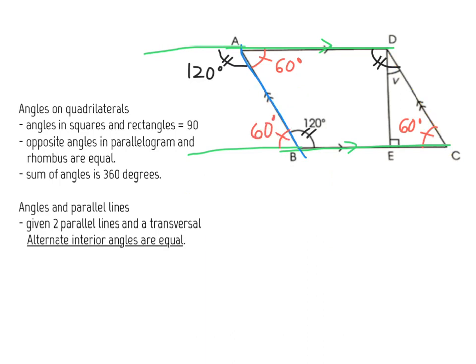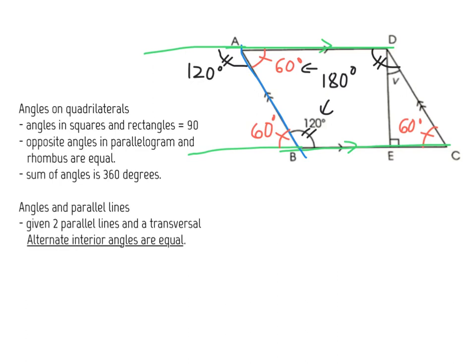And one more thing that you may have noticed, if you look closely, these two angles here add up to 180 degrees. Right? So if they're on the same side of the transversal, they are called interior angles.